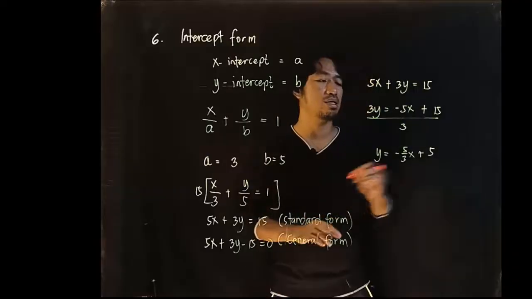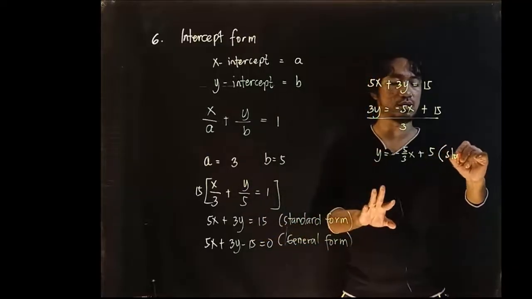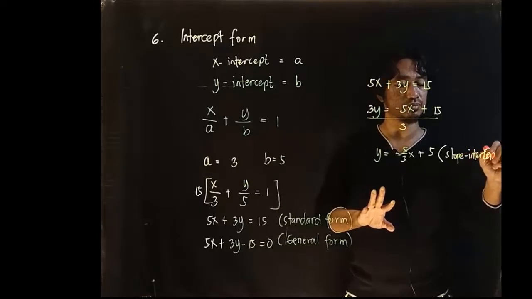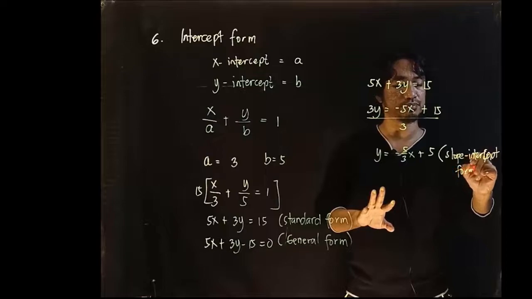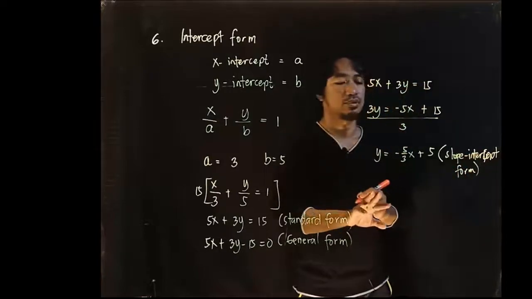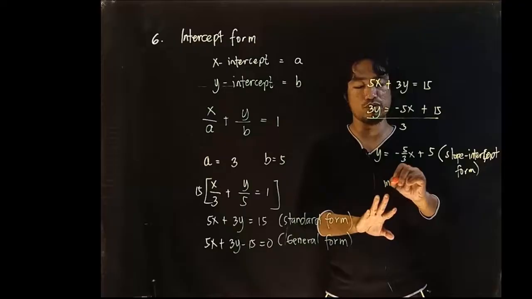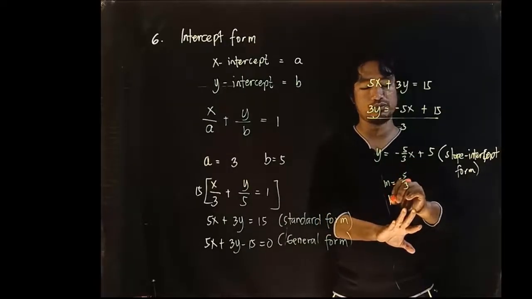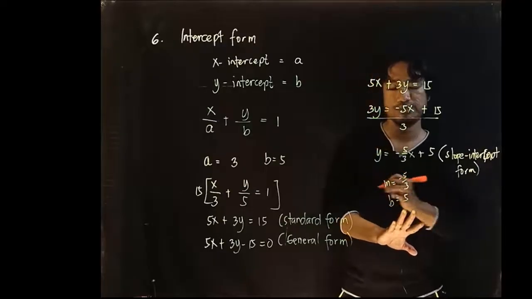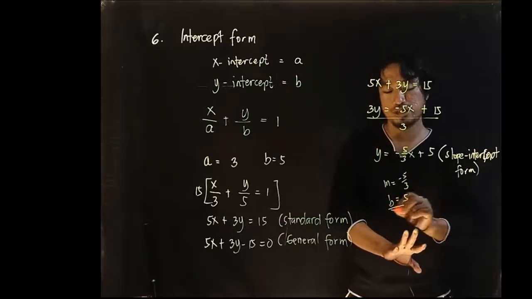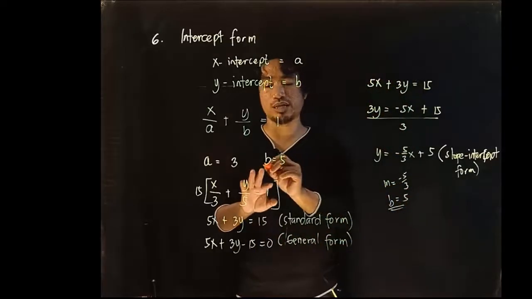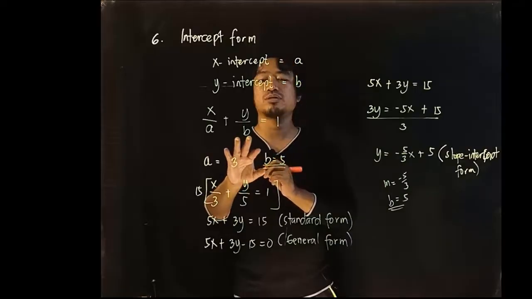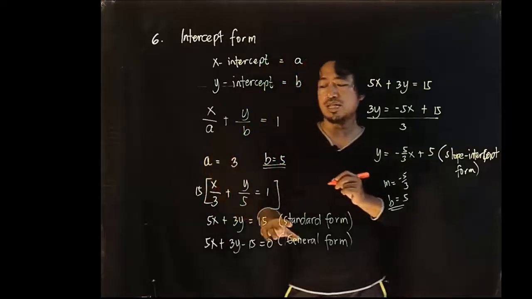And this is the slope-intercept form. So having a slope of negative 5 over 3 and a y-intercept of 5, which is actually one of the givens, the y-intercept of this line.